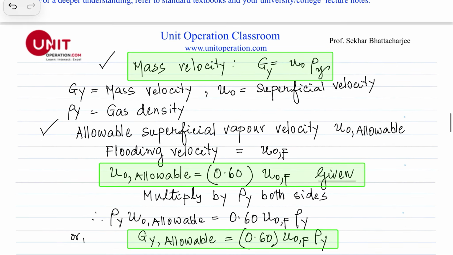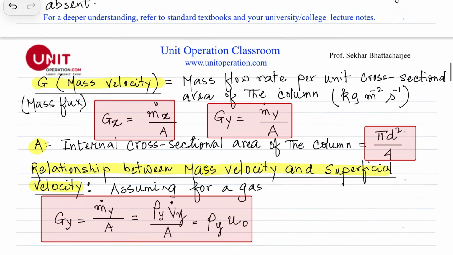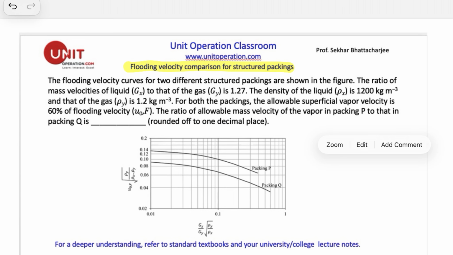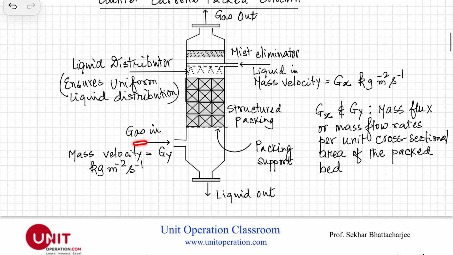Now we go to the problem here. We found out the ratio of the flooding velocity for both the packings. The allowable superficial vapor velocity is 60% of the flooding velocity. So what does that really mean? Say, as we increase the gas flow rate, what happens if we keep on increasing it?